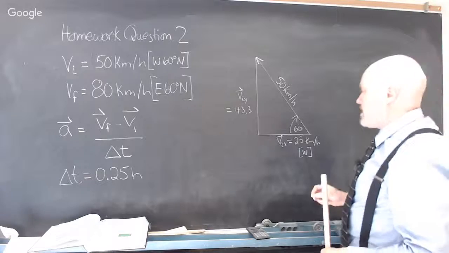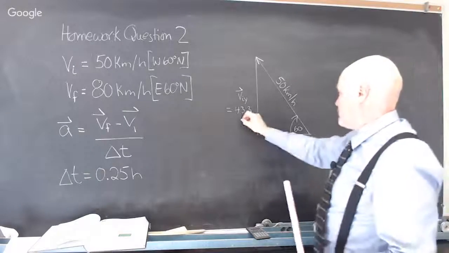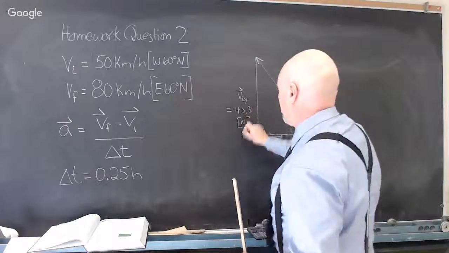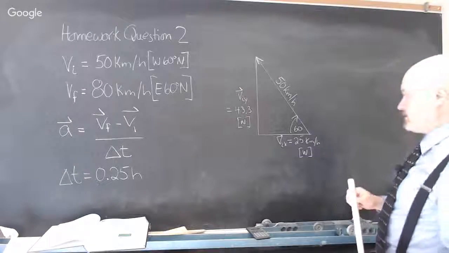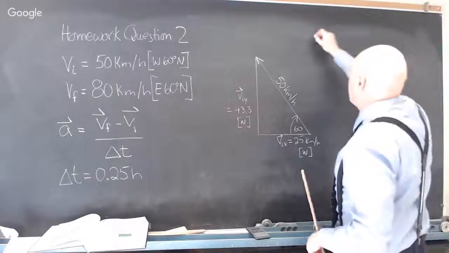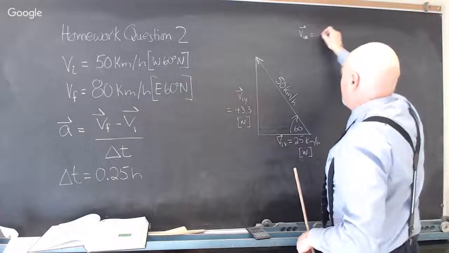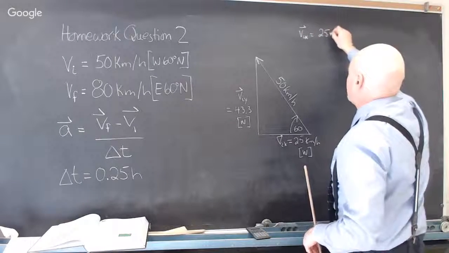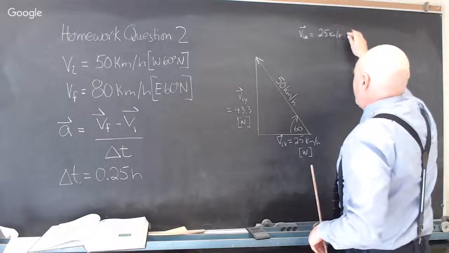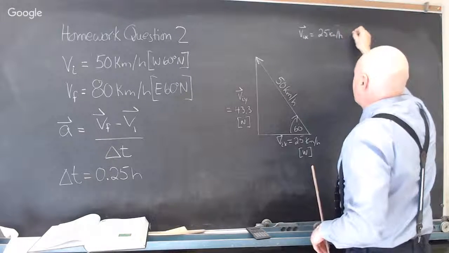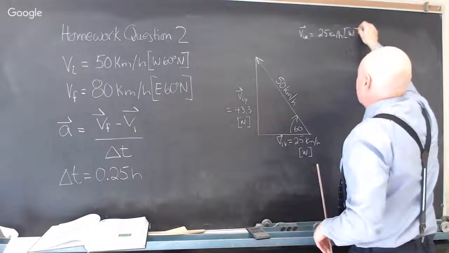Okay. So we're going to keep a little list of our VIx's and our VIy's. So VIx is going to go up here, 25 kilometers per hour, and that is west.